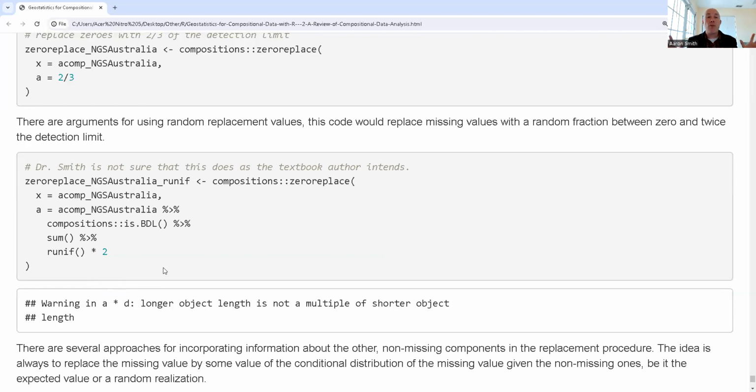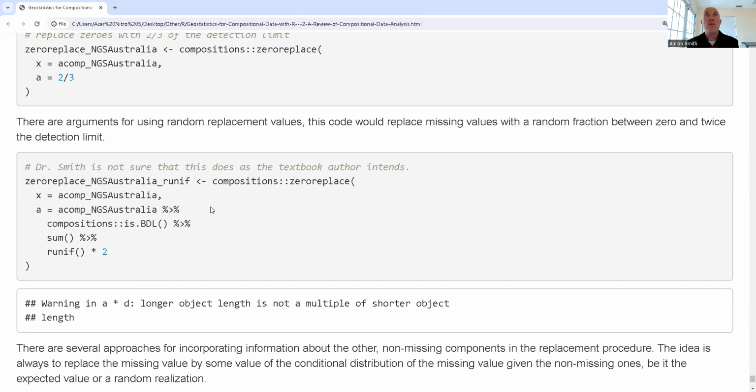Now, there are arguments for using random replacement values, and so the author gives this as an approach. I don't think this actually does what the author intended it to do, because it's going to end up looking very different than what I anticipated. But the concept is solid. Now, I disagree with the idea of random replacements.